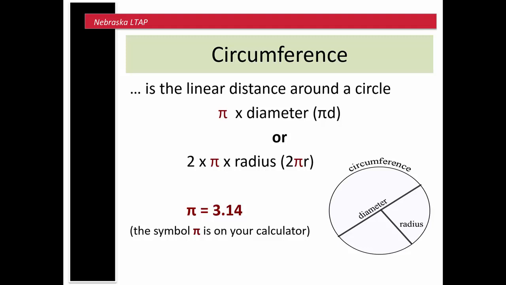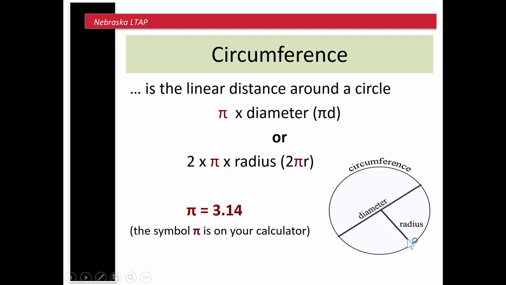So to find the perimeter of a circle, it's pi, this number pi, times the diameter. Okay, so the diameter, if you go through the middle, it's straight across from one edge to the other through the middle. That is the diameter. Keep in mind the radius is always half the diameter.